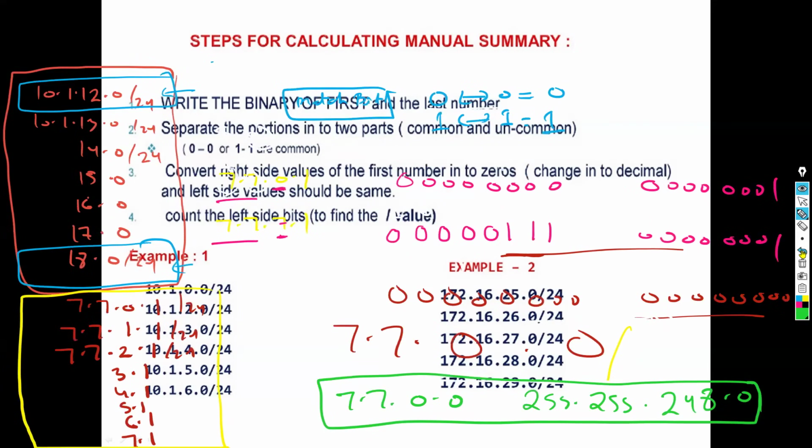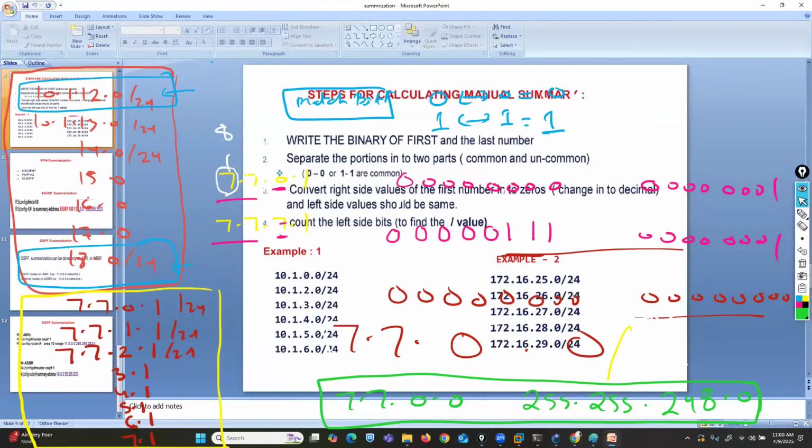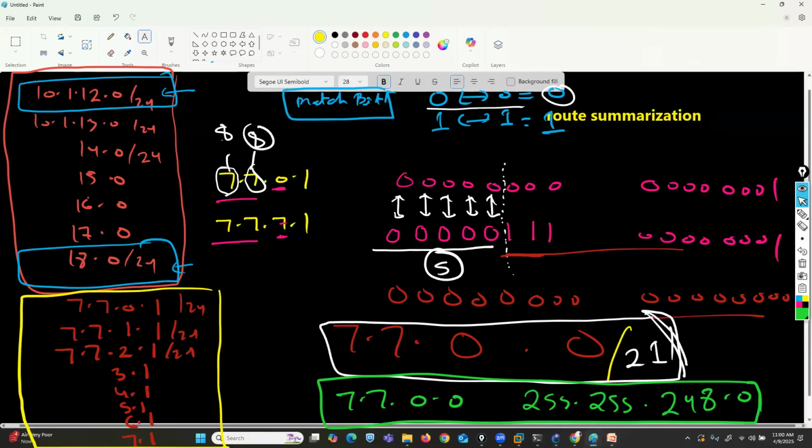Now you can try. But my problem is the conversion only, from number to byte to bit. This is the main issue from my side. If you remember binary to decimal or decimal to binary, this can help you.